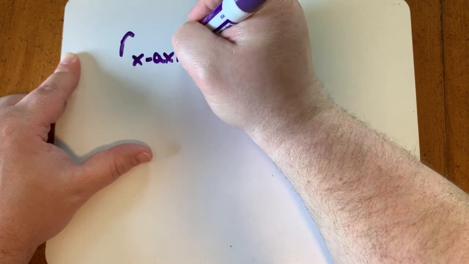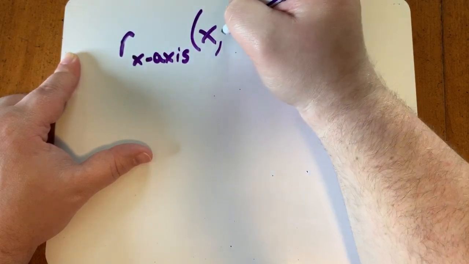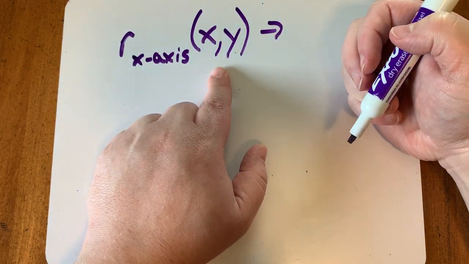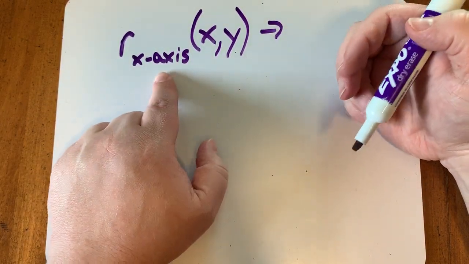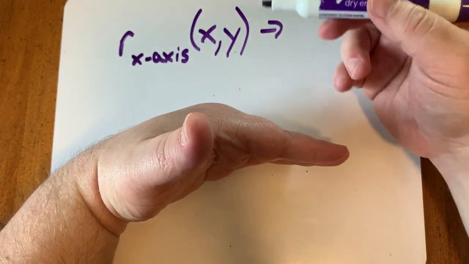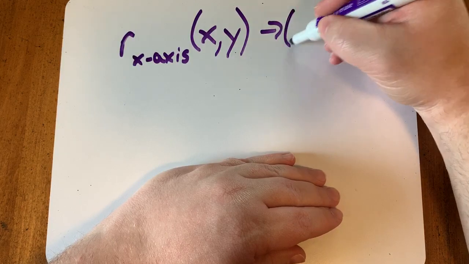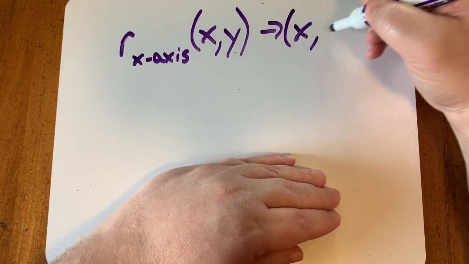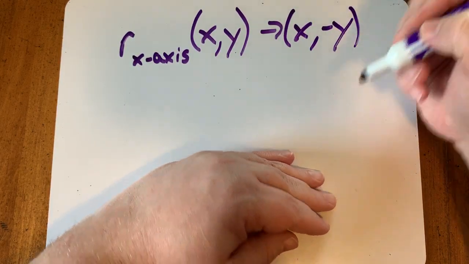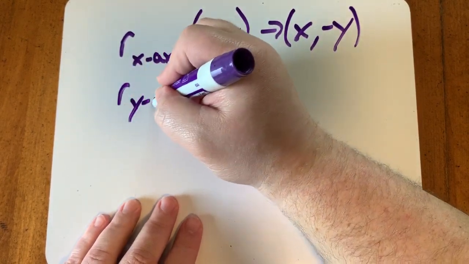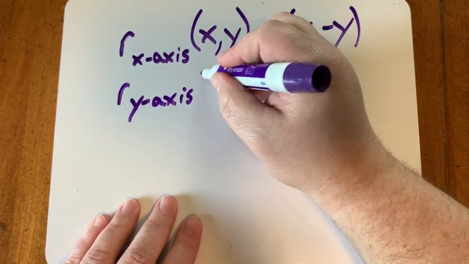So let's say we want to reflect over the x-axis. If we had xy, if we want to take the point xy and reflect it over the x-axis, that's the horizontal line. So you're either going from above to below or below to above. You're not moving laterally, so the x doesn't change, but the y is opposite. It will be the opposite for reflecting over the y-axis.